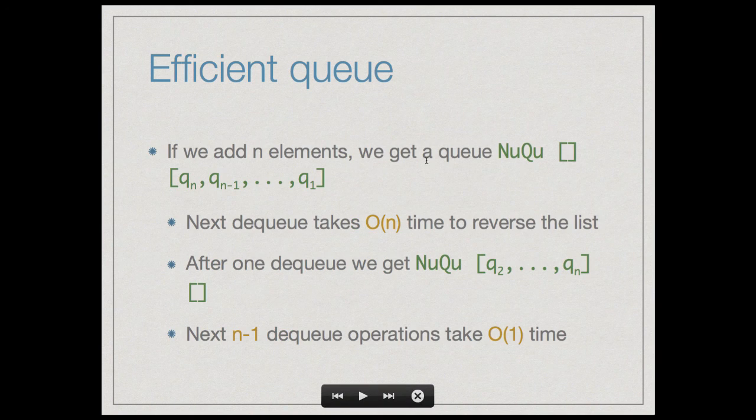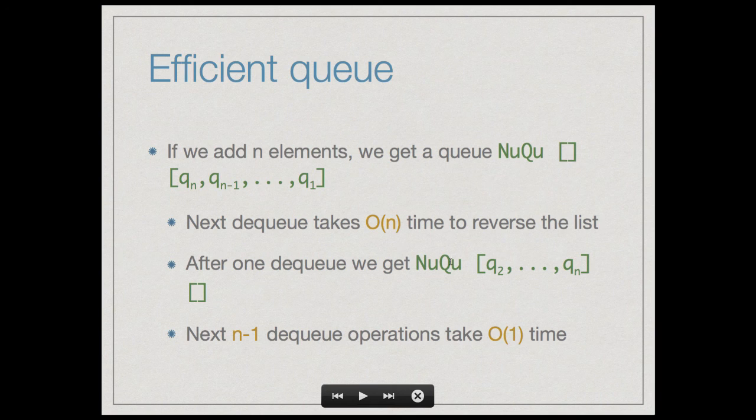If we add n elements to the queue, we get NewQ [] [qn, ..., q2, q1]. The next DQ takes order n time to reverse the list qn to q1 into the first list. And if we DQ once now, we get NewQ [q2, ..., qn] []. But the beauty is that the next n minus 1 DQ operations take only order one time.